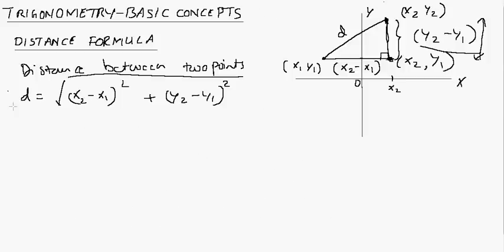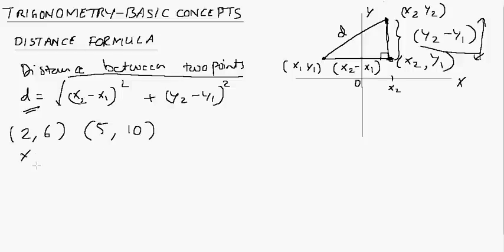Now let us find the distance between 2 points using the formula we just derived. Let there be 2 points, 2, 6 and say 5, 10. Now we'll find the distance between these 2 points using the formula d equals root of x2 minus x1 squared plus y2 minus y1 squared. You can take either of these points as x1, y1 and x2, y2.